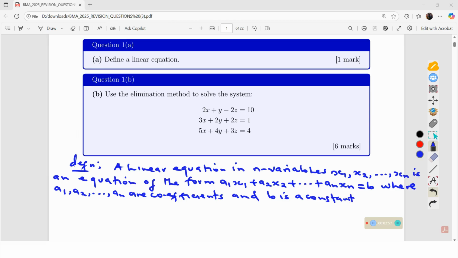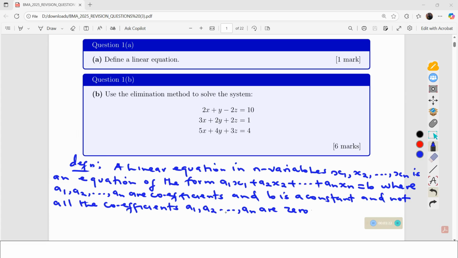All these are real numbers, and not all the coefficients a1, a2 up to an are 0.